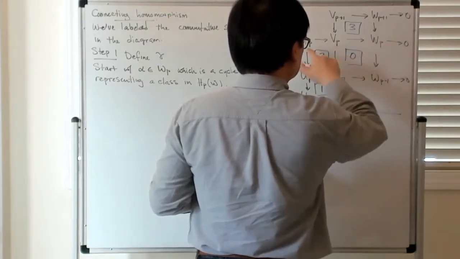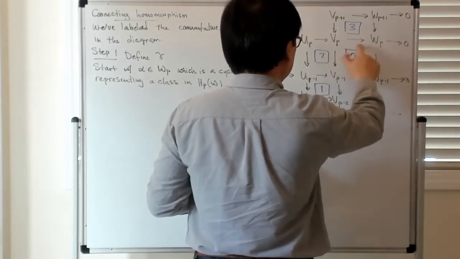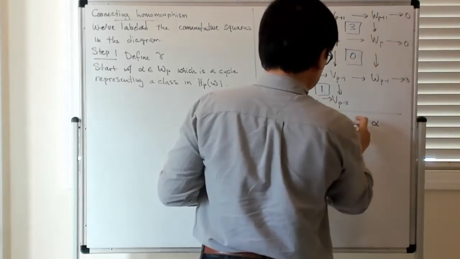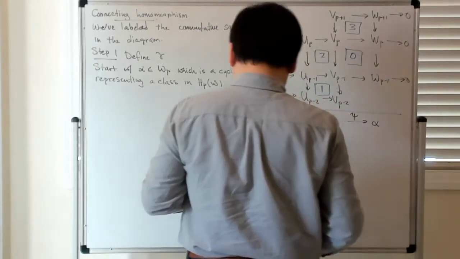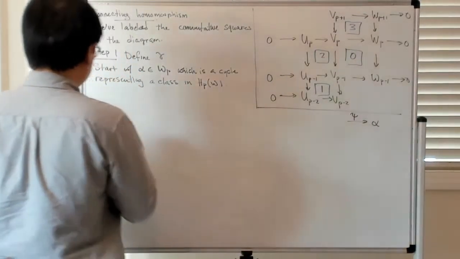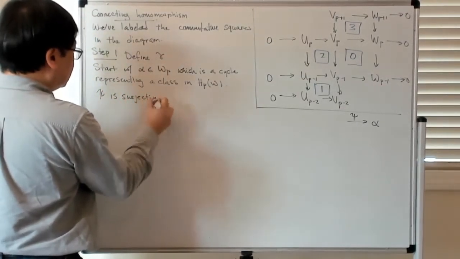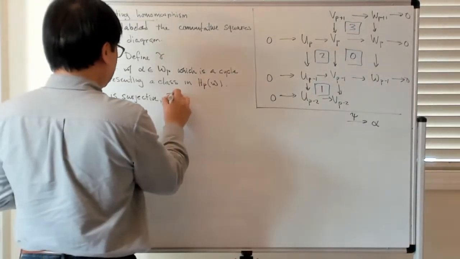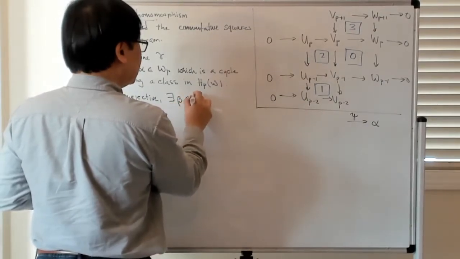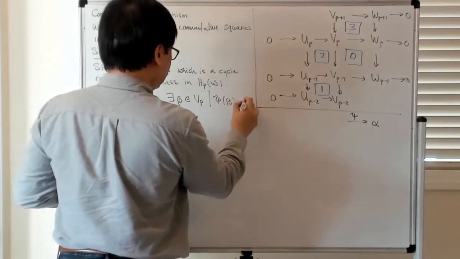We're starting at alpha, right? This sequence across is exact. In particular, this means that this map here, which is psi, is surjective. So that means there exists some element beta in V_p such that psi of beta is equal to alpha.